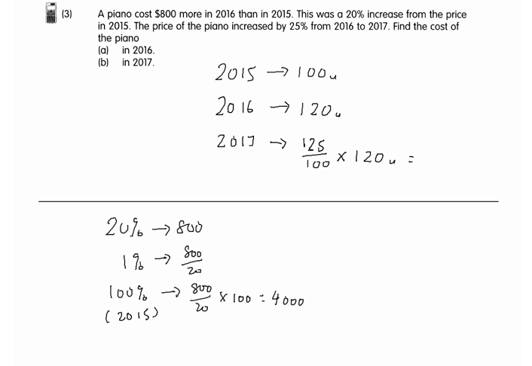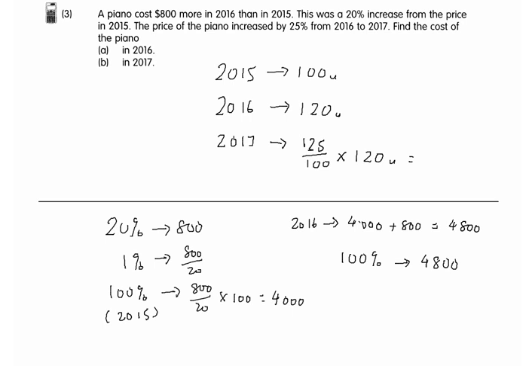Yes? Then we'll know that in 2016 this will be a price, correct or wrong? Now, I want to find the increase by 25% from 2016 to 2017. That means now I must treat my 100% as 4,800, yes or no?